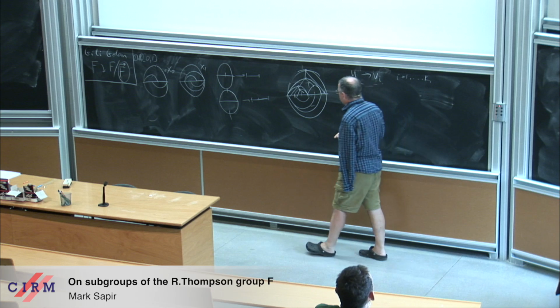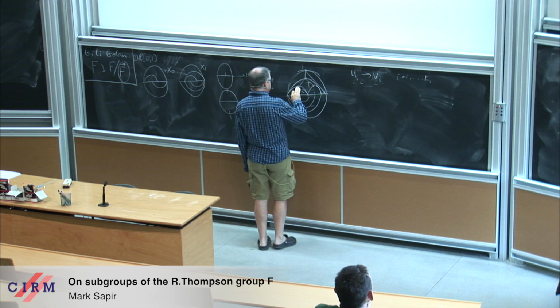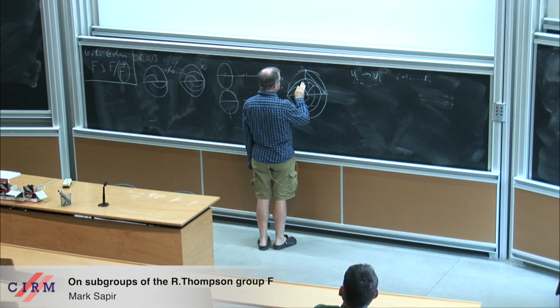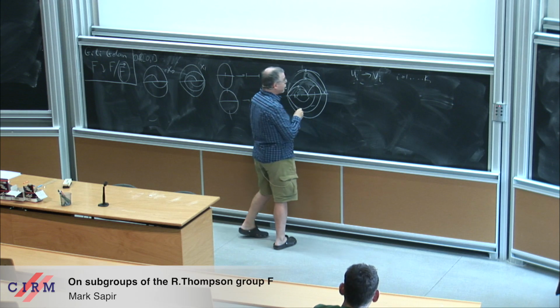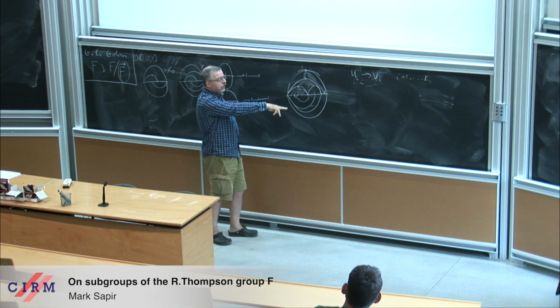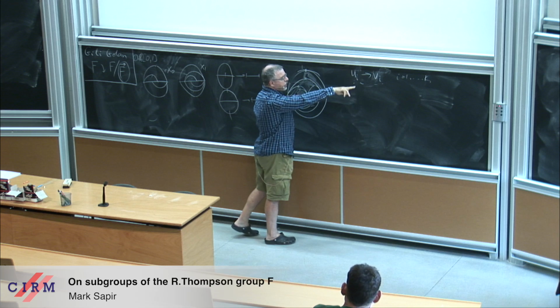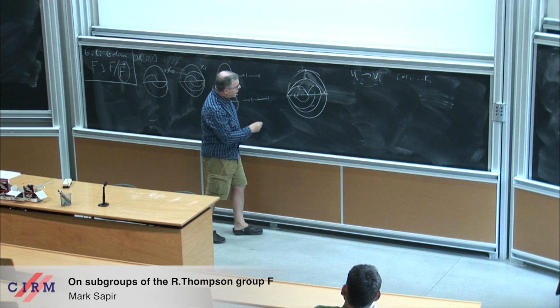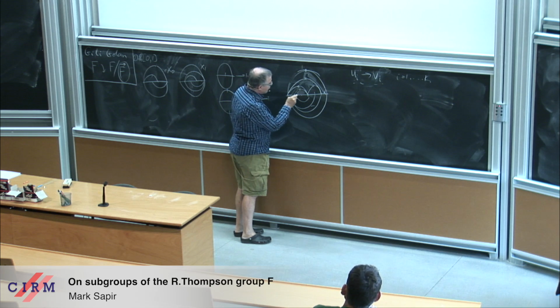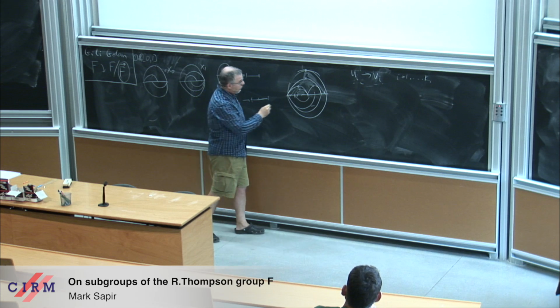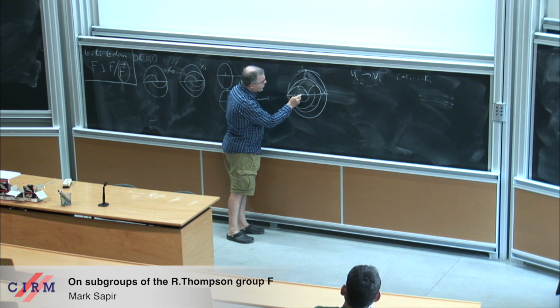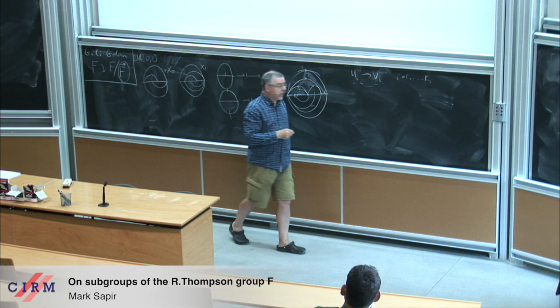Now, how do we get from the diagram to substitutions? You do the following. What is k? The k is exactly the number of edges in the maximal path. For example, you take this edge. How do you get to this edge?